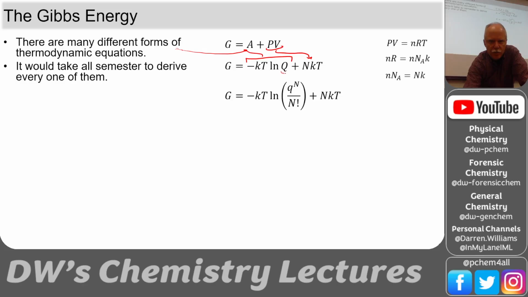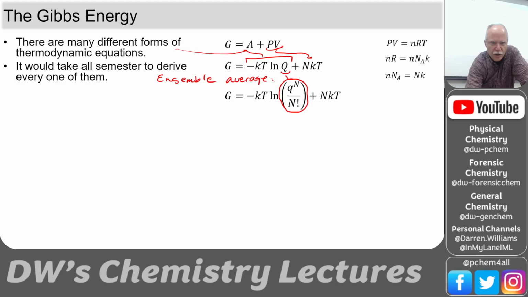This Q piece is this right here, and it's called the ensemble average. You're not going to need to know that, but that's just tying it into the language of statistical thermodynamics. And we want to get rid of this n factorial.